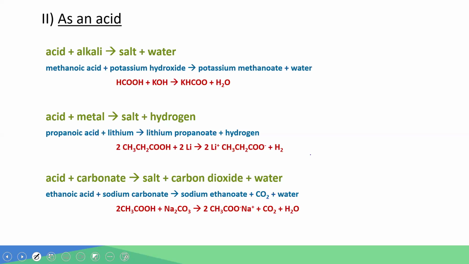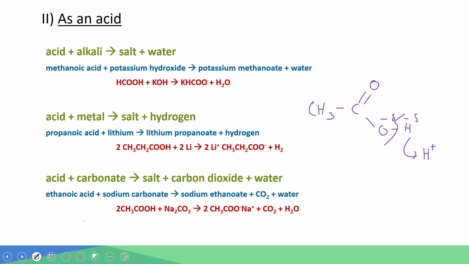In organic chemistry, remember that a carboxylic acid, whenever it enters into a reaction, has an OH group. When you say CH3, CO, here another O and H. When you put a carboxylic acid as an acid, it will have this bond, which is polar, and this bond breaks and hydrogen ions are released.